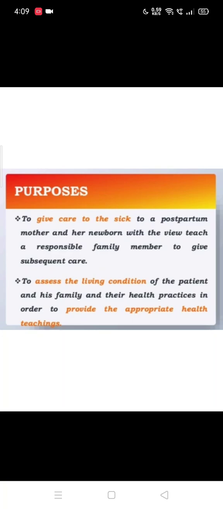All those things are related to health, right?